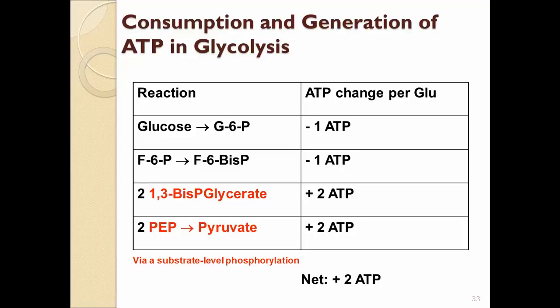Okay, so this is a summary of what we just talked about: in the first stage, 2 ATPs are consumed, and in the second stage, 4 ATPs are made, and the net ATP made from substrate level phosphorylation is 2 ATPs, right?